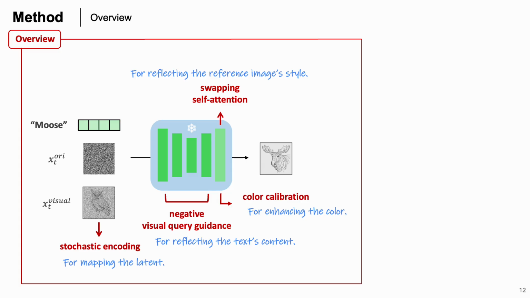It adjusts the color distribution of the generated image to match that of the reference, ensuring a consistent and visually appealing result. Together, these components work seamlessly to produce high-quality output, reflecting style and content specified by the user. StyleKeeper is efficient and adaptable to different text-to-image and image-to-image scenarios.